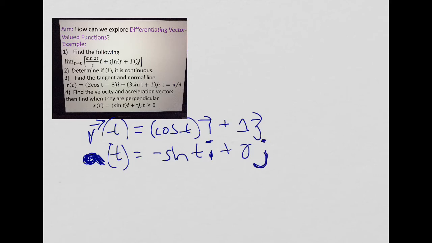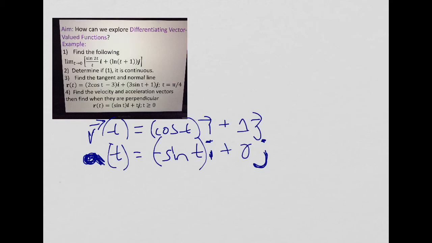In that case, acceleration here is just negative sine of t, and this should be in parentheses, times vector i. Just because you don't want to look at that sign as a minus vector i, but technically it is there.